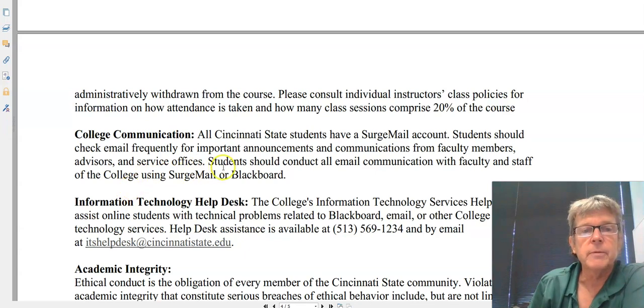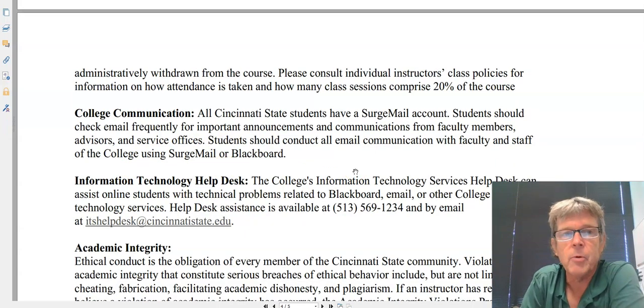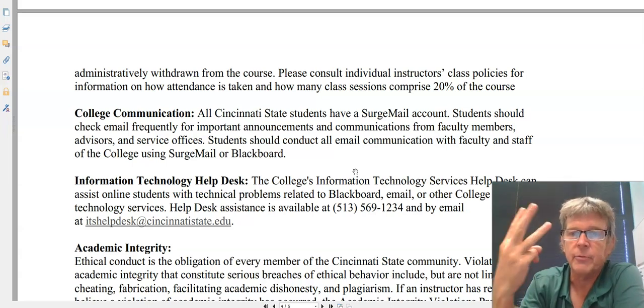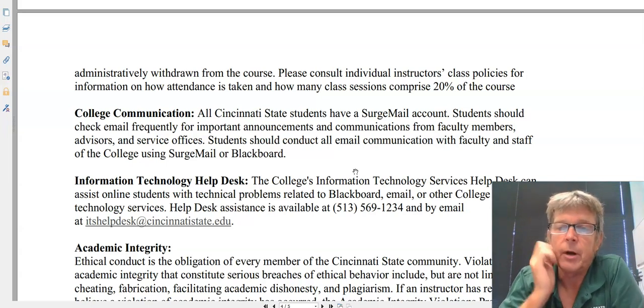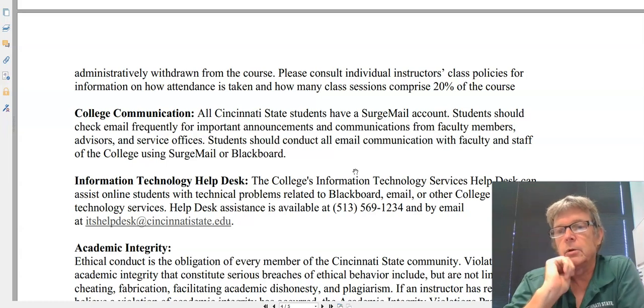Email, college communication. You have your Surge Mail account. That is a primary way that I'm going to communicate with you in this class. So you need to check that 3 times a week, right? And you need to check it on Sunday, preferably Sunday at 6 o'clock. Why? Because if something changes with labs, you'll get the latest information. You won't have to drive in on Monday or something like that.